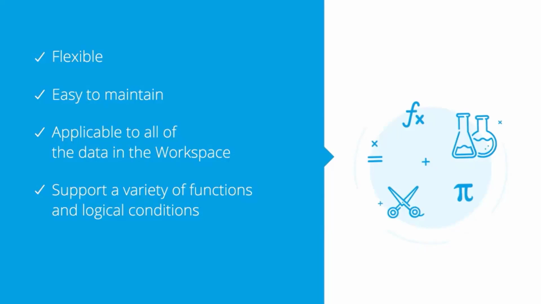And once you edit, it gets changed for the entire data stream, for all of your data streams, without hampering any data. It is applicable to all of the data in the workspace, and supports a variety of functions and logical conditions. Yes, so basically calculated dimensions are used for this purpose, whereby we have logical conditions and functions coming in.